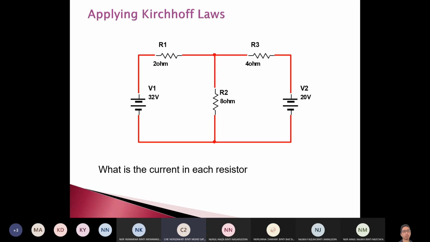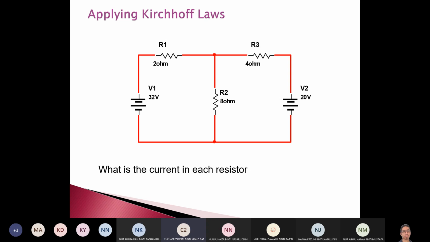Sorry, I1, this should be I3. So I1 plus I3 equals I2. So that's the equation that it should be.